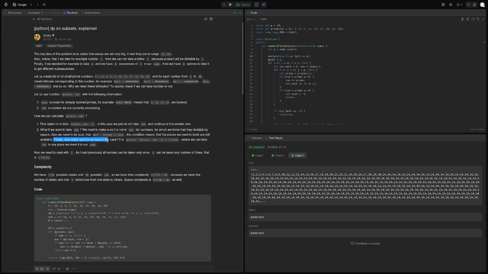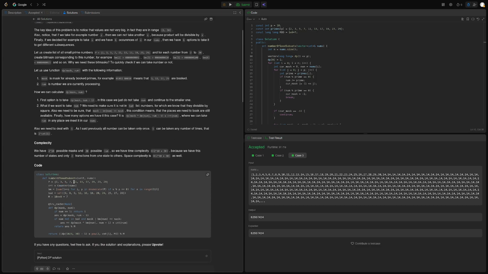Finally, how many options? Well, it's just sort that times count number. What? Oh, he's doing compression, but that's useless. Wait, that's actually gonna be faster than mine by a lot.